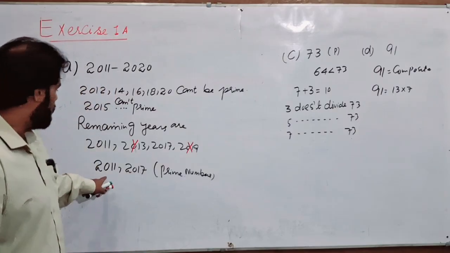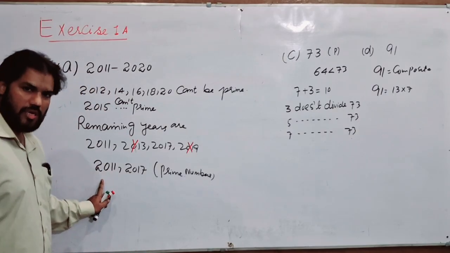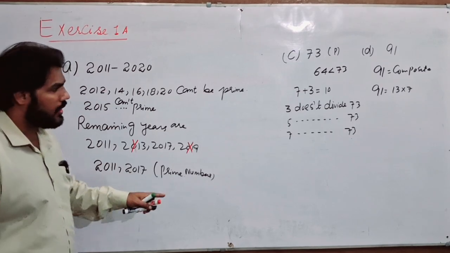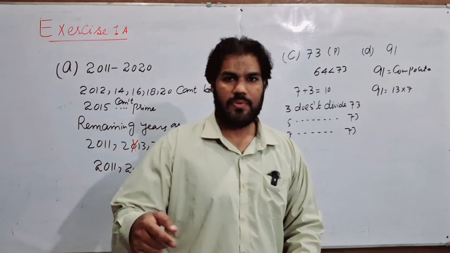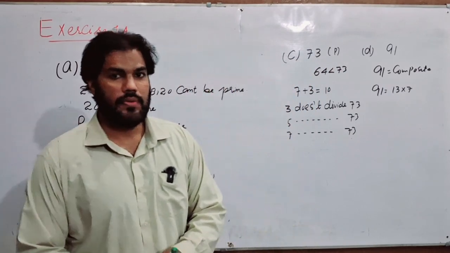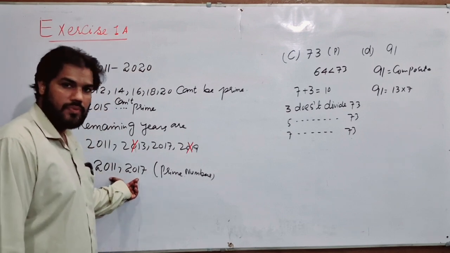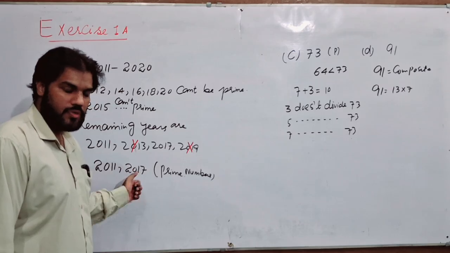We will find a perfect square which is nearly close to 2011, and we will find all of the prime numbers which are less than that perfect square. If any of them divides these numbers, then this will not be a prime number, otherwise these are prime numbers.